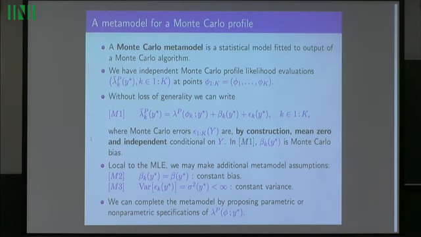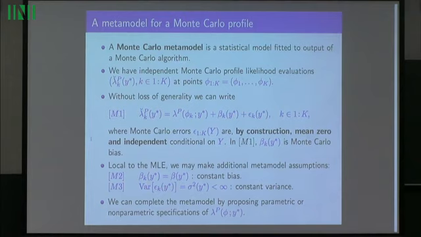Okay, so how do we go about linking Monte Carlo methods with these theories of maximum smooth likelihood estimation? We basically need a metamodel for Monte Carlo. And what's a metamodel? A metamodel is just a statistical model fitted to the output of a Monte Carlo algorithm.